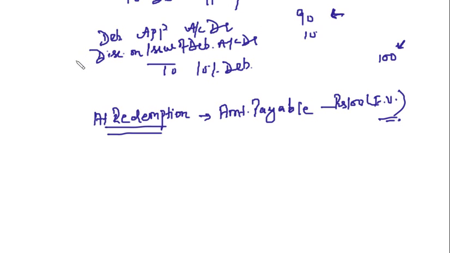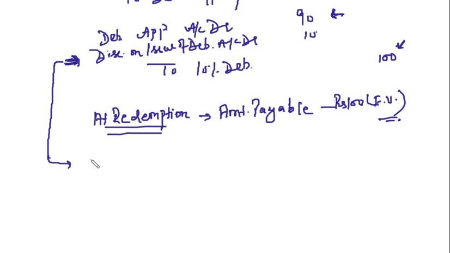So what is to be done to this discount on issue of debentures at the time of redemption? If you are converting the debentures into shares or new debentures, then what is to be done with this discount on issue of debentures?